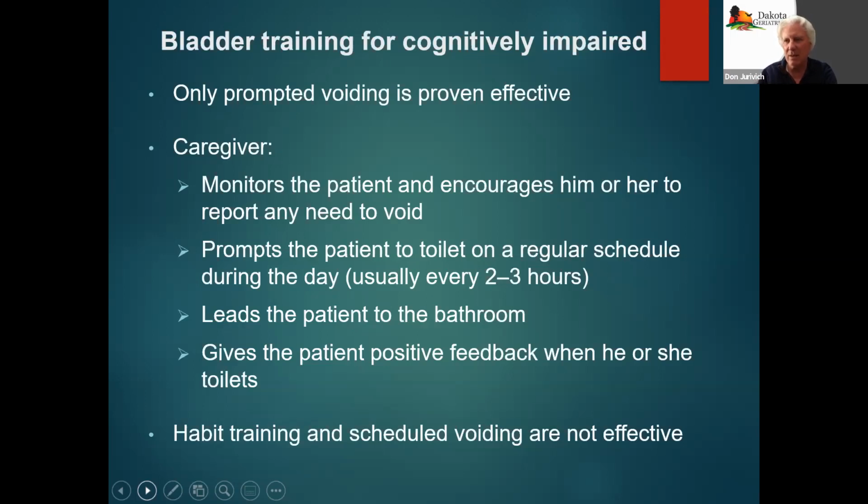As you can imagine, in the long-term care setting, if you had 200 residents going every 2 to 3 hours, that's a lot of residents that you need to sit on the toilet or get to the urinal. So that's not always practical, but that's the recommendation. Okay, next.